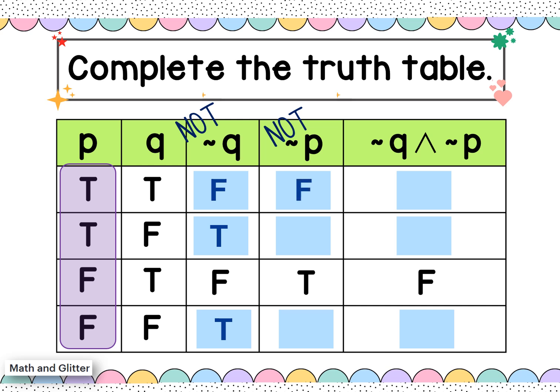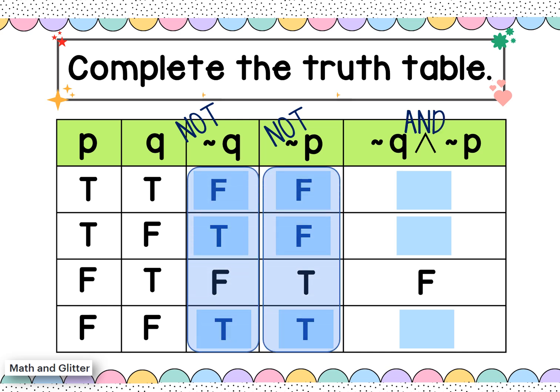Whatever's true becomes false, and whatever's false becomes true. And now the last thing, we're using those two columns and we're doing a conjunction with it. So both have to be true in order to be true. So the top row's false, the next one's false. We already have a false. And the only one that's true is where they are both true.